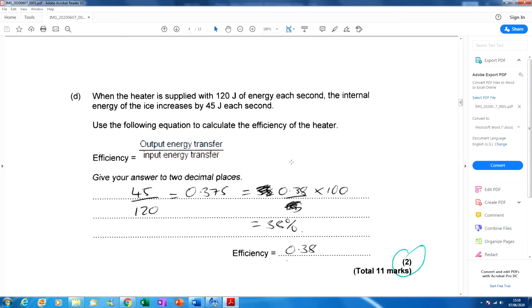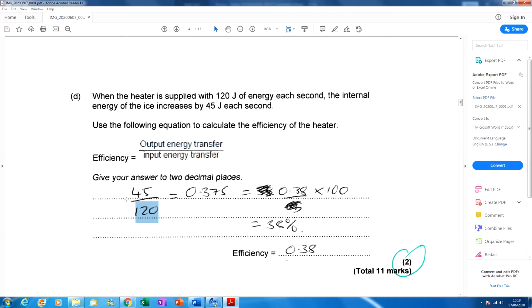Okay, when the heater is supplied with 120 joules of energy each second, the internal energy of the ice increases by 45 joules each second. Use the following equations to calculate the efficiency of the heater. Efficiency is the output energy divided by the input energy transfer. So 45 joules went into the ice each second, but the heater supplied 120 joules.